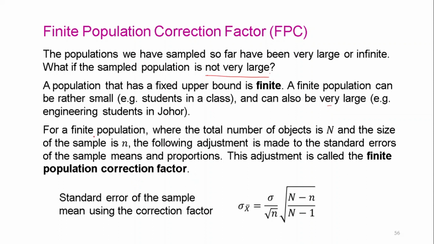For a finite population, where the total number of objects is capital N and the size of the sample is small n, the following adjustment is made to the standard error. This adjustment is called the finite population correction factor. So the standard error of the sample mean using the correction factor is sigma divided by square root n, times square root of (N minus n) divided by (N minus 1).